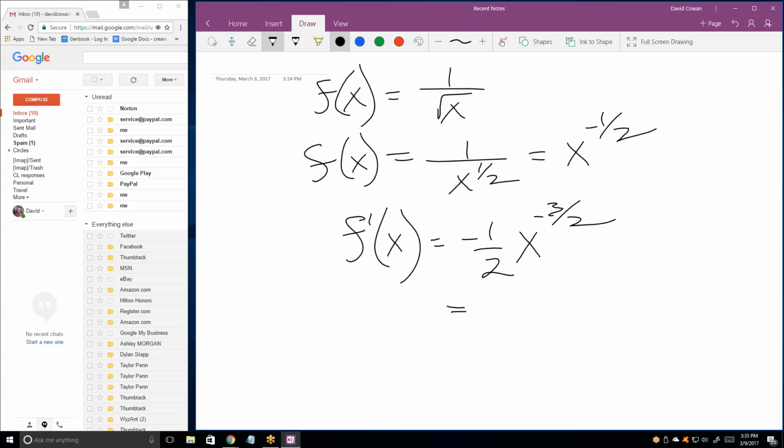What would it be? So it would be negative 1 over 2 times x to the 3 over 2. Yeah, perfect. And then, of course, that negative sign can go out in front, it can go in the bottom, it can go in the top. They're all the same thing. Right. All right.